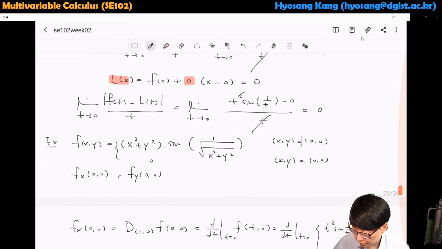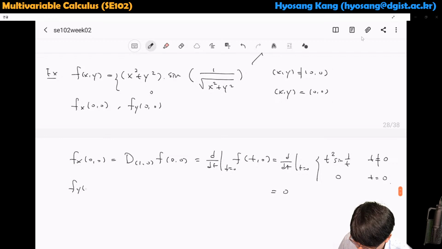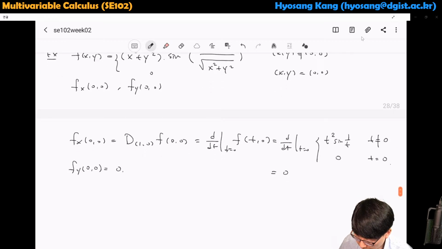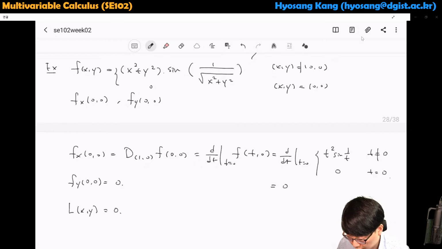So same thing as what we did above, this equals 0. And the same for the partial derivative in terms of y, it's also 0. And we know the value at (0,0) is 0, so the linear approximation is 0.